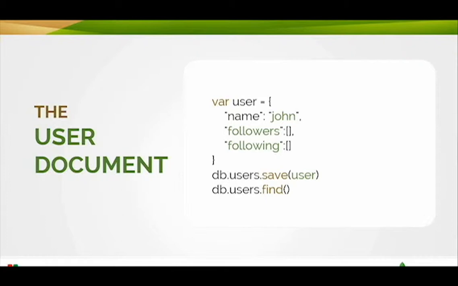We need at least the Twitter handle of the person. We need to know who the followers are so that we can fetch the posts from those. We would need to know who he is following so that we can fetch the posts from those people and put them into his inbox. We would need to know who the followers of John are so that we can fetch all the posts of John and move them to their inboxes.